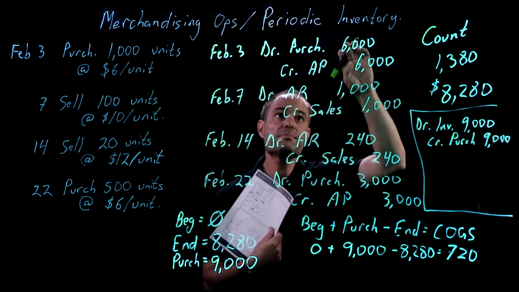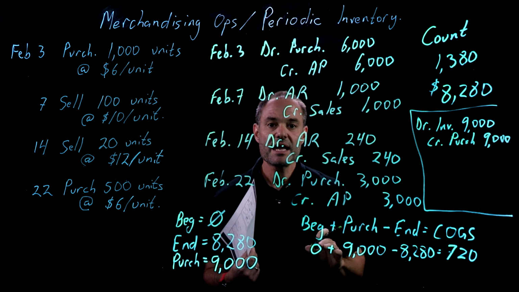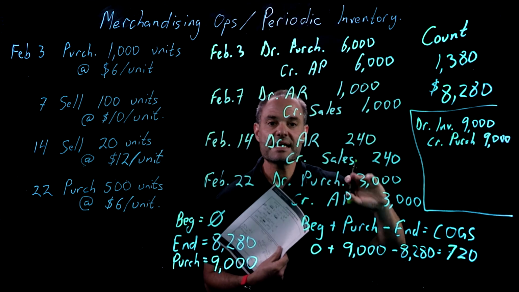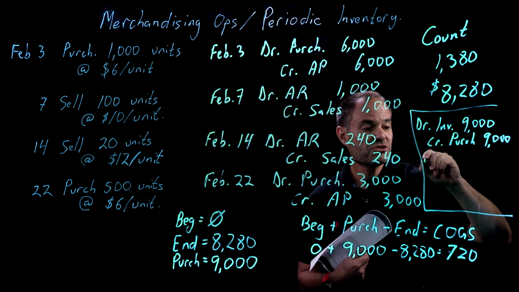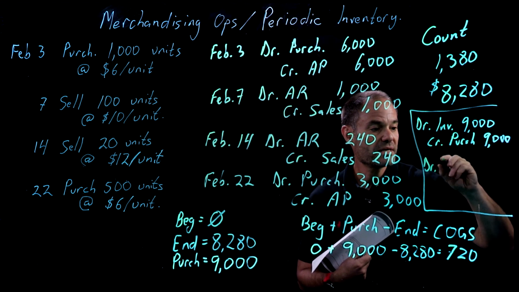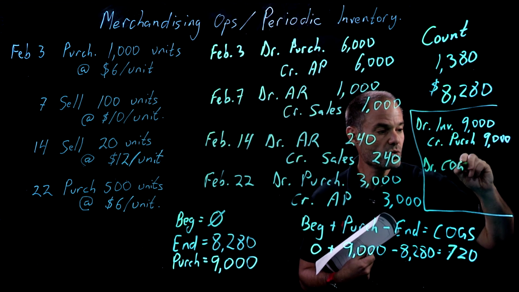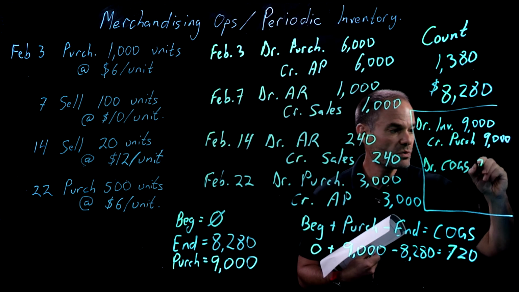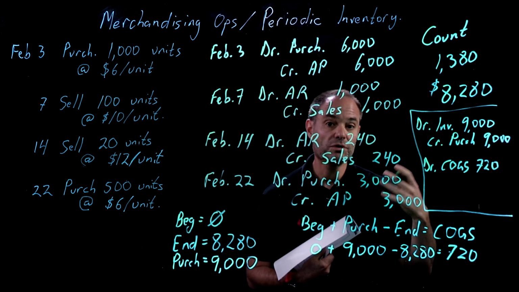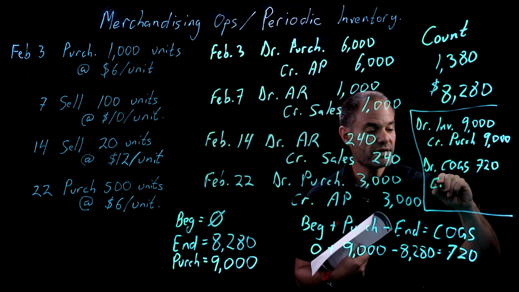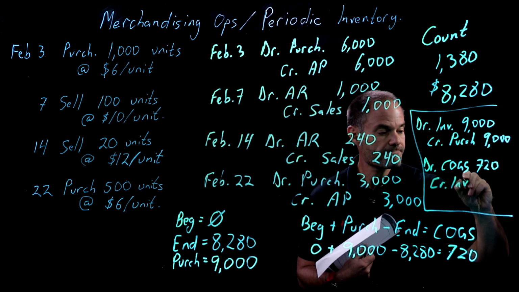So we take all the purchases we made during the period, and at the end of the period, in one transaction, we move all of those into inventory. And then the second transaction, we're going to debit cost of goods sold, $720, the amount that we calculated as the cost of goods sold for the period, and we'll credit inventory for that.